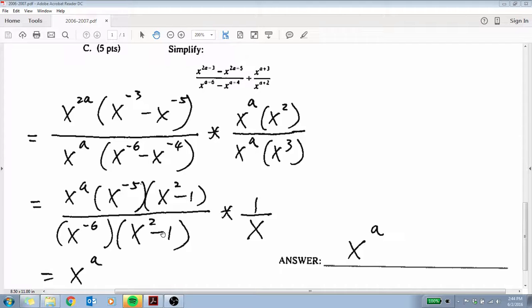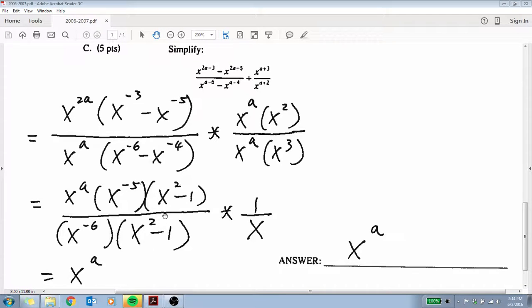And then I want to start canceling things out. Notice that 1 minus x squared is basically the same as x squared minus 1. To make it the same, I can pull out a negative, and that would make this x squared minus 1. So I pull out a negative, and that's going to create this right here. Now I can start canceling a bunch of things.